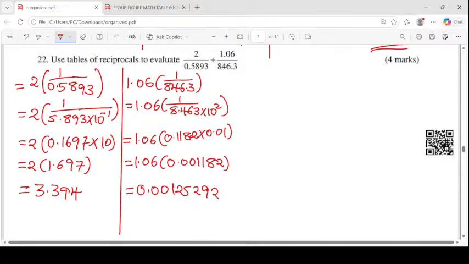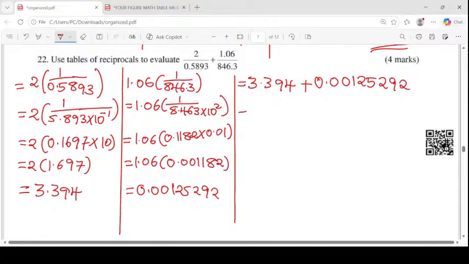So when you are here, what was the sign joining the two fractions? It was an addition sign. Now we can add. I can now take the answer of the first part of the fraction, 3.394 plus 0.00125292.